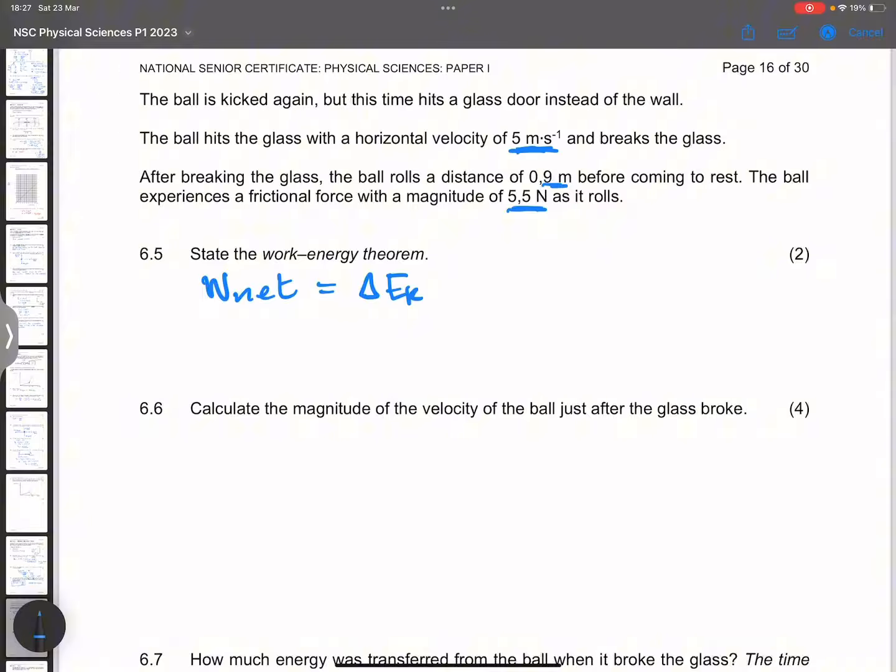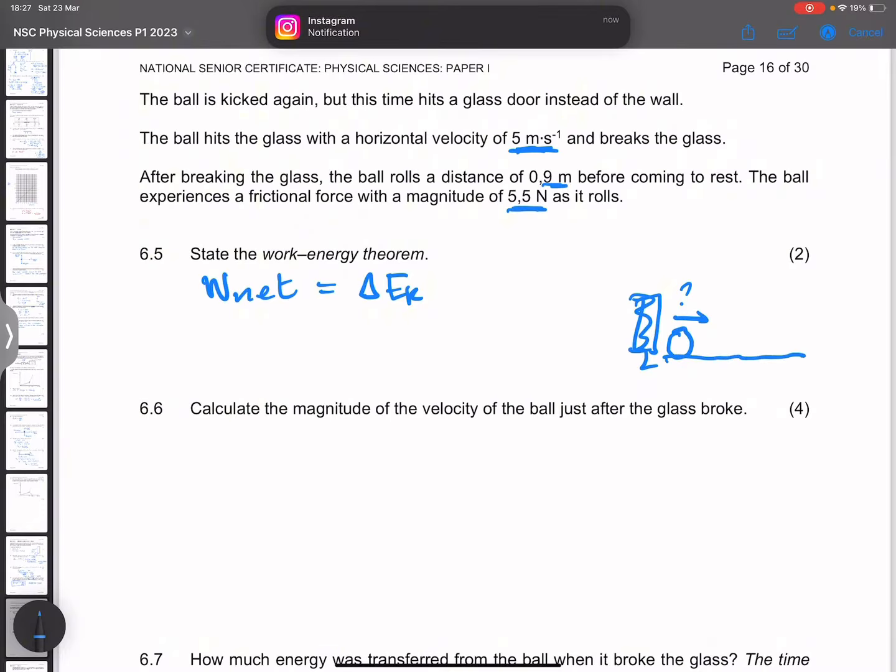Now remember that 5.5 meters per second is not the initial velocity. This is the velocity before it broke the glass. But immediately after it broke the glass, there must be a velocity. Say this is the shattered glass. So the ball has an immediate velocity after it broke the glass.